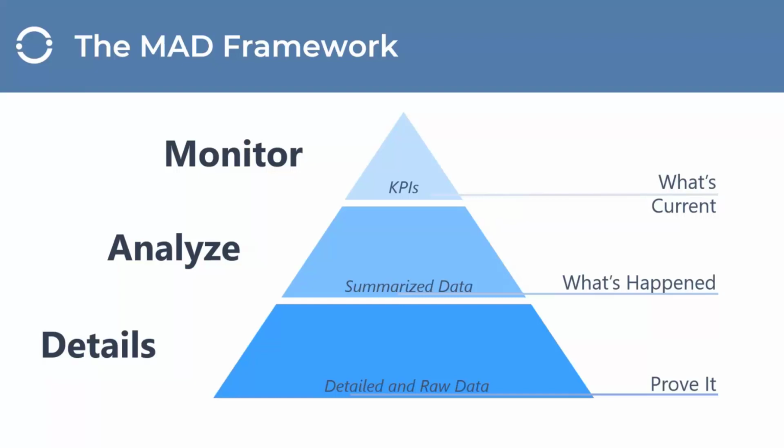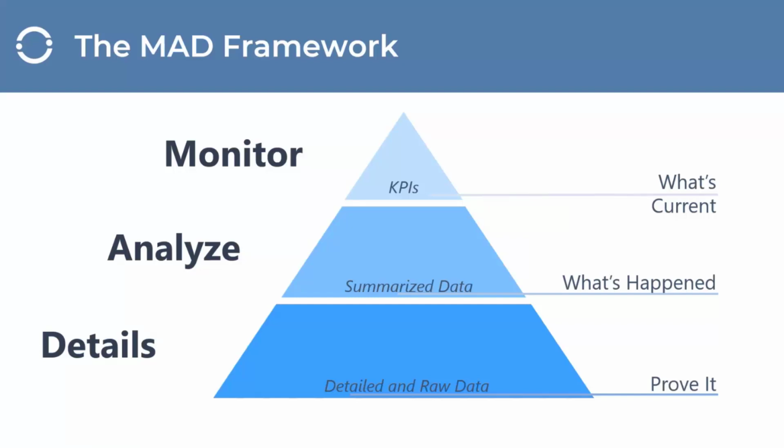And then the detail layer, in my opinion, is all about proving your other two layers. It doesn't matter what the individual details are. It's that I can trust that my aggregations are happening correctly. That's really the big reason you want to expose some details to your end users.